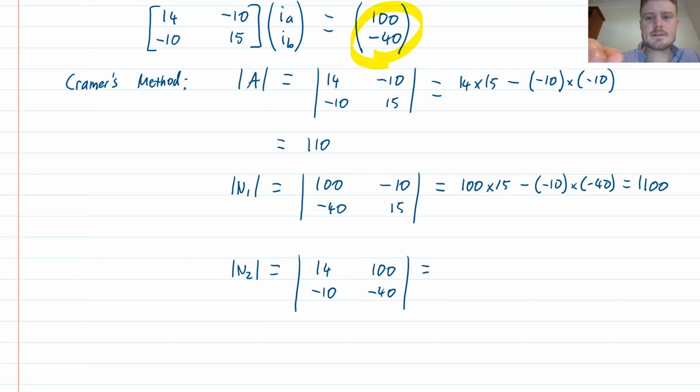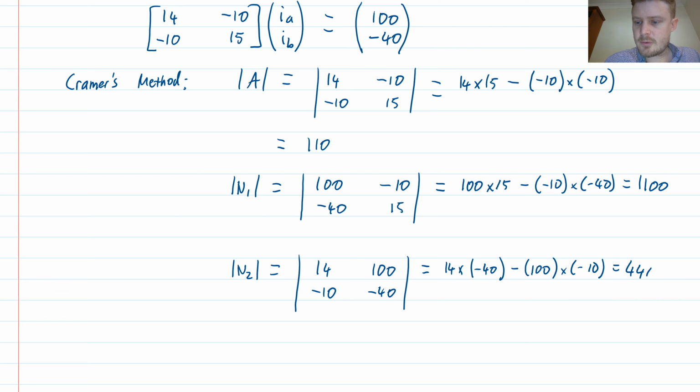The determinant of this is the diagonal product, so 14 times minus 40 minus 100 times minus 10, which is 440.